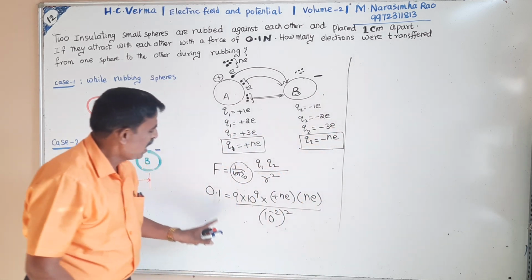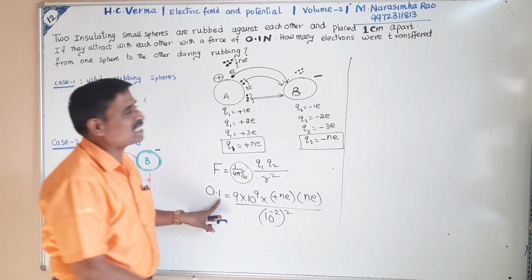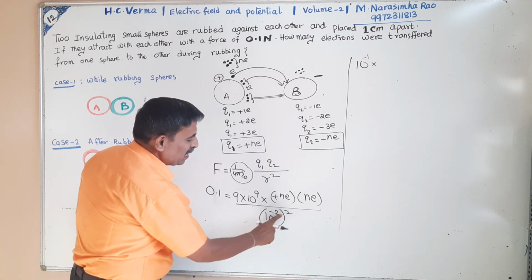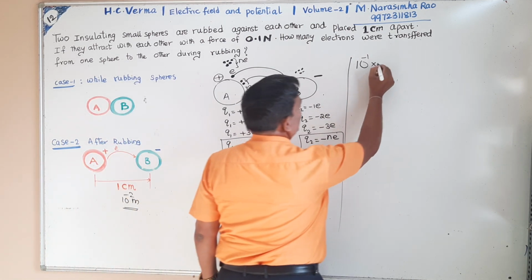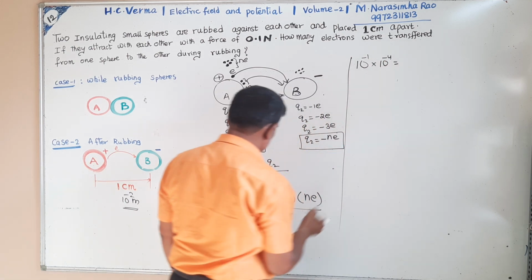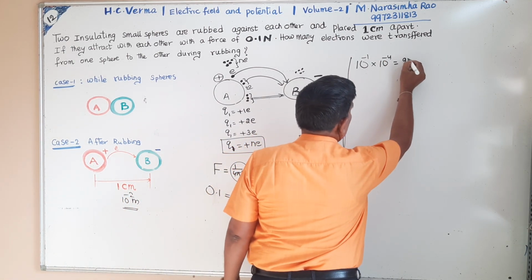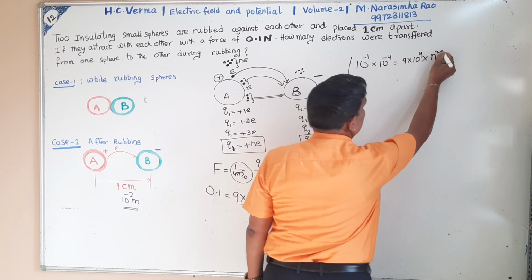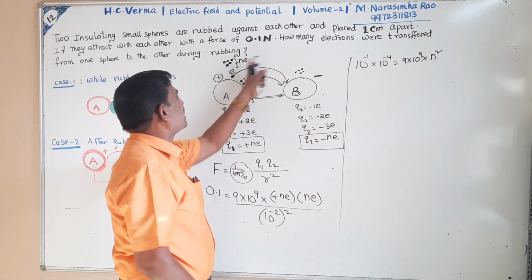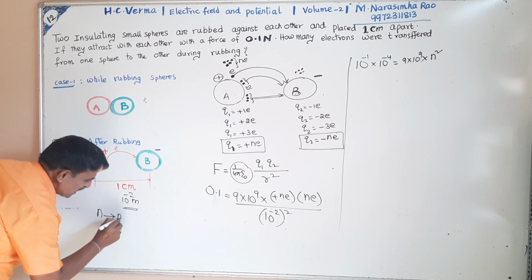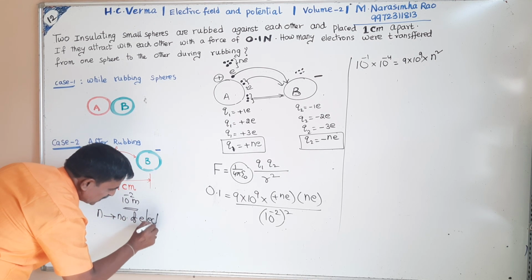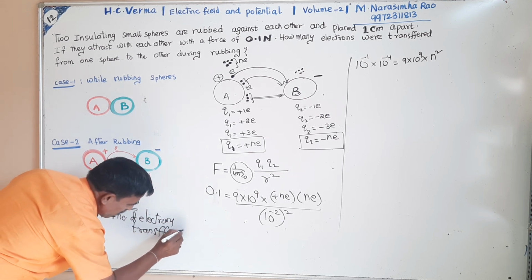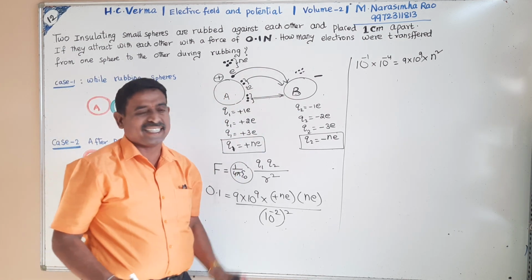Now please listen. Here 0.1 means 10 power minus 1. 10 power minus 4 from the denominator comes to the numerator. So 10 power minus 1 into 10 power minus 4 is 10 power minus 5, and that equals 9 into 10 power 9 into n square into e square. n represents the number of electrons transferred from one sphere to another sphere.